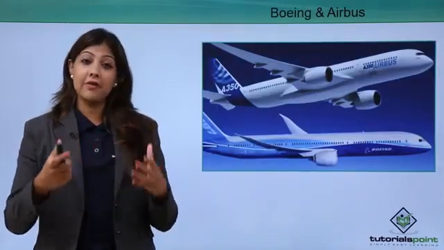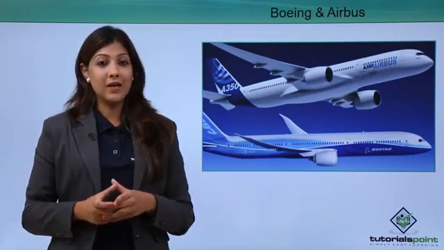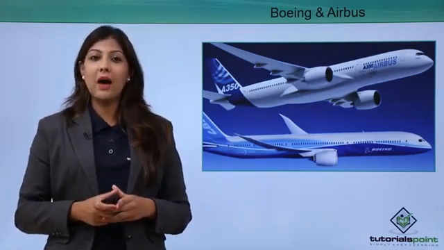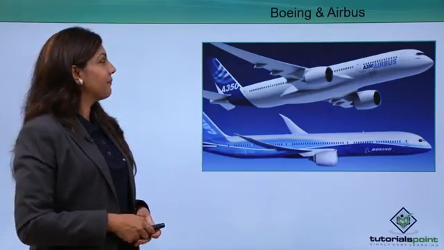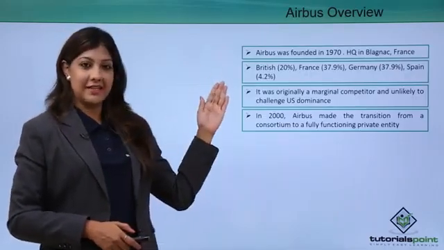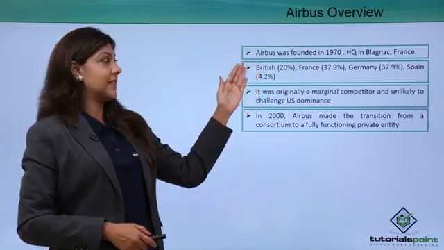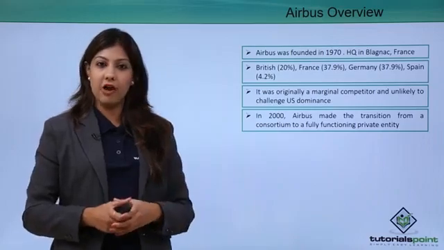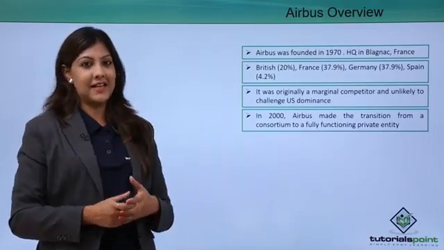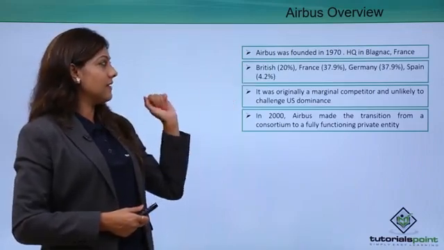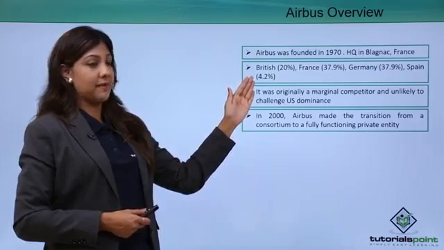Now, under aircrafts, there are 2 main manufacturers. One is Boeing and one is Airbus. We will now have an overview of Boeing and Airbus aircrafts. Let's first take a look at the Airbus. Well, the Airbus was founded in 1970 and it had its headquarters in France. So it started that early in that decade. Now the Britishers have about 20% of the aircrafts which are Airbus.